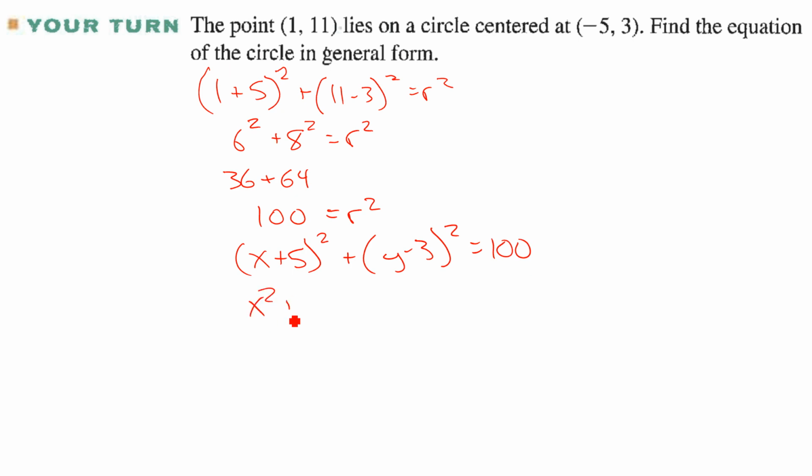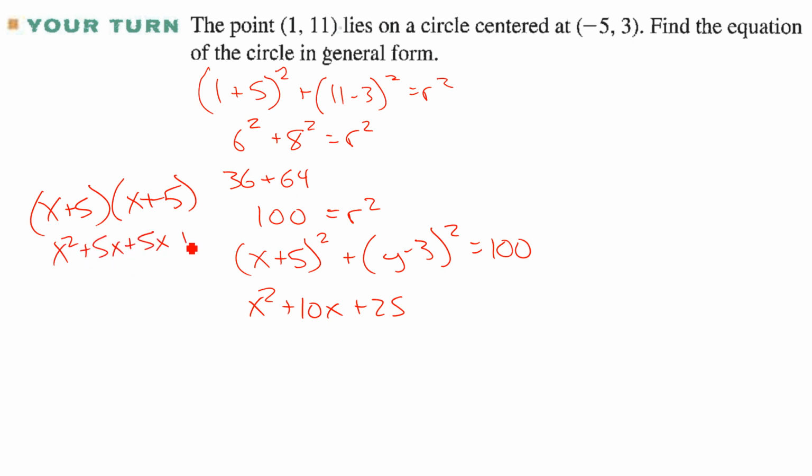x squared plus 10x plus 25. Remember, when you're squaring this, this is x plus 5 times x plus 5. And if you were to FOIL this, you would get x squared plus 5x plus 5x plus 25. You can always just double this number to get the middle number.